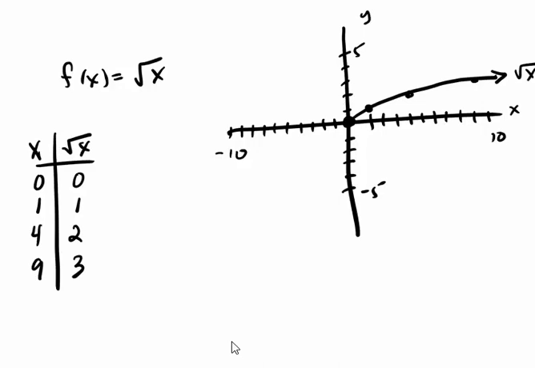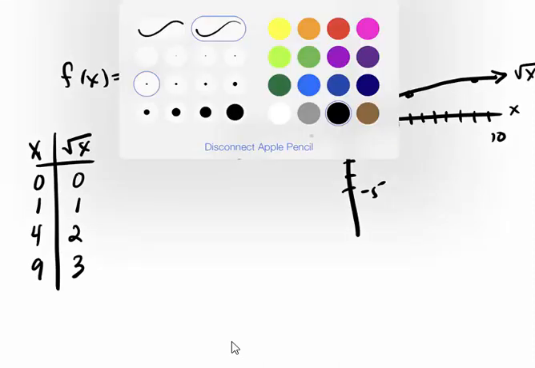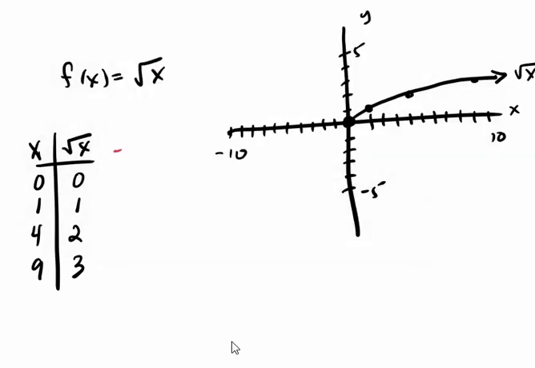One of my algebra books calls this a one-wing graph. You only kind of get this one side of it going off here, and the domain is from 0 to infinity. Now, the vertical change, which is what a negative square root of x does, changes the y values. It's pretty easy to see directly with the table. I can use the same x's and I'll get 0, negative 1, negative 2, negative 3.